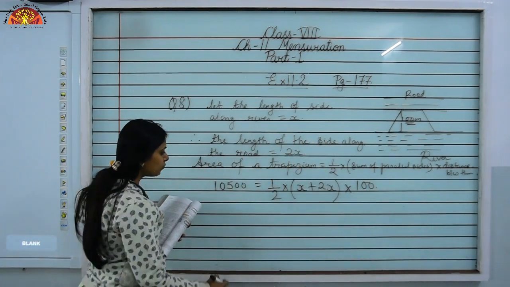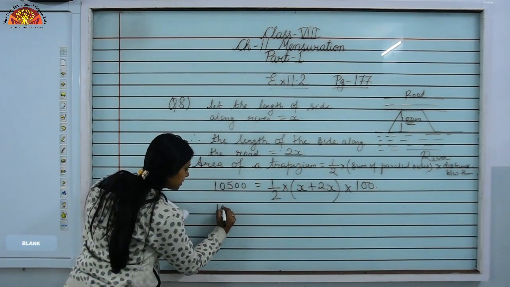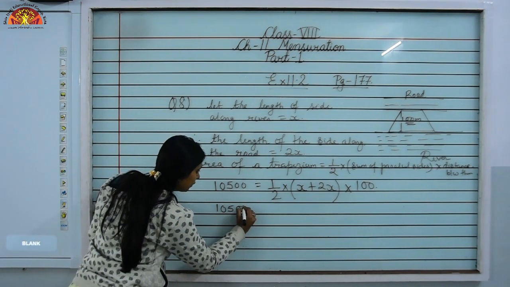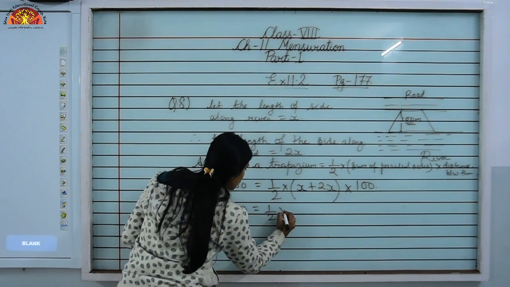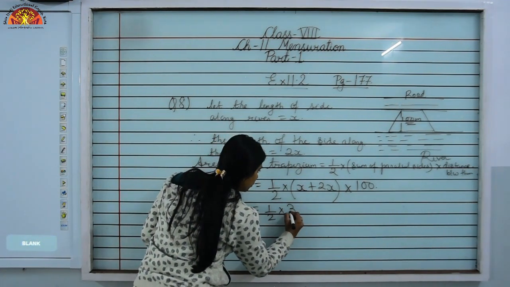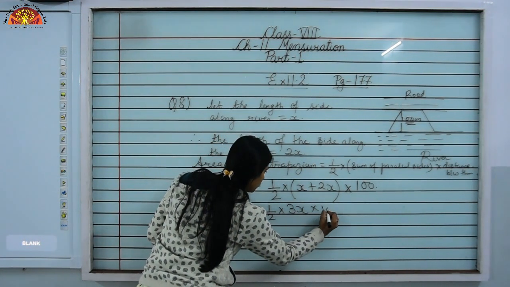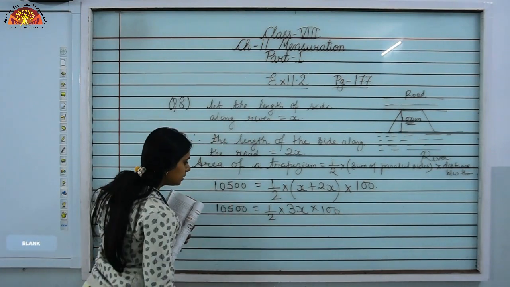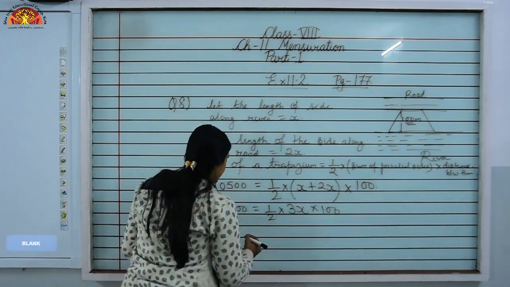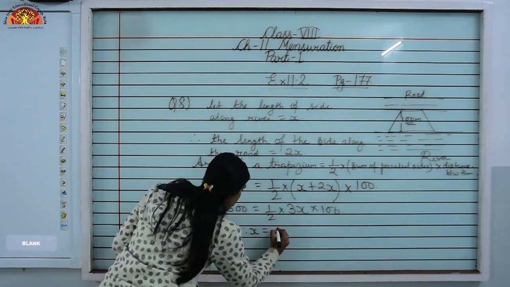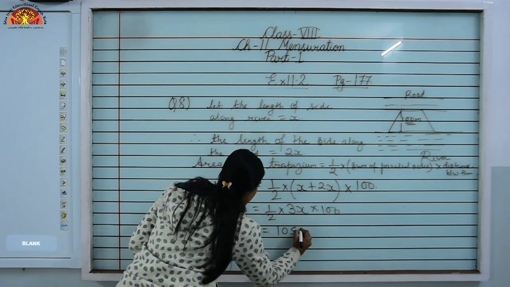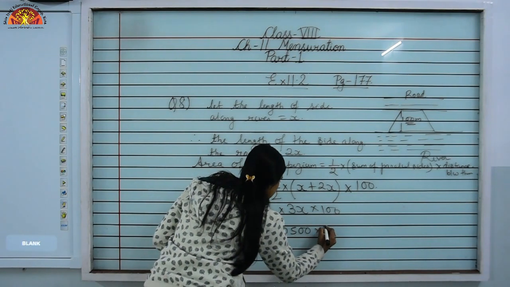Now you can just find the value. That is, 10,500 is equal to 1 upon 2 into x plus 2x, 3x, into 100. Got it? Now you can just calculate it. Therefore x is equal to 10500 into 2 upon 100 into 3.